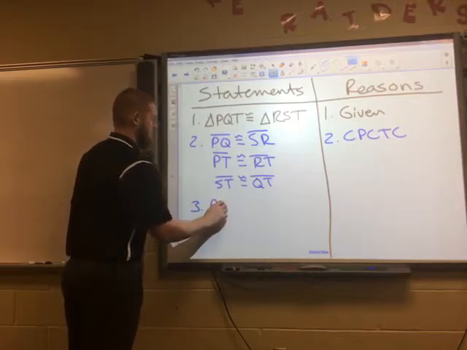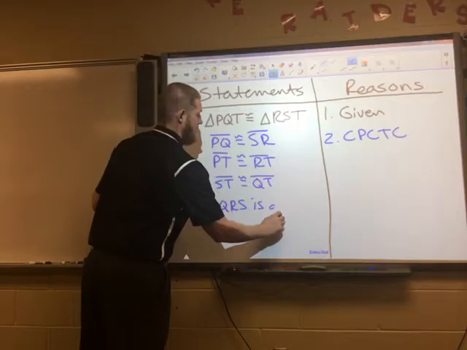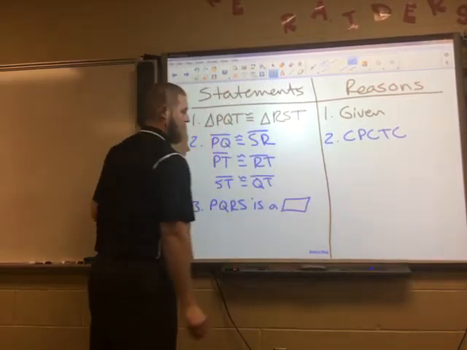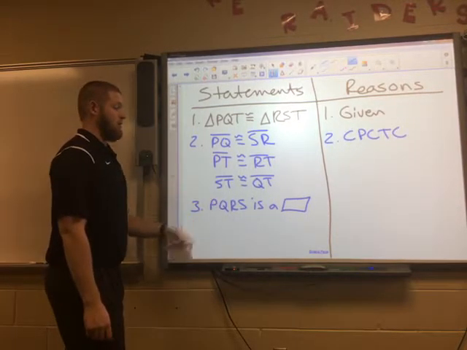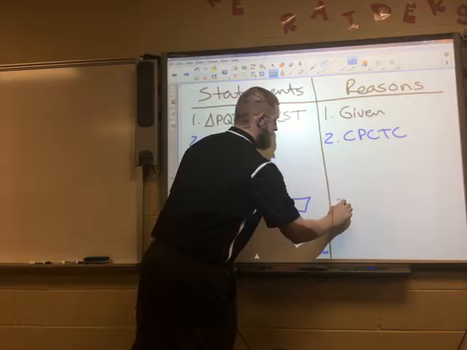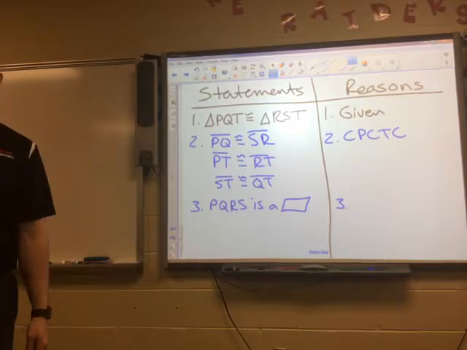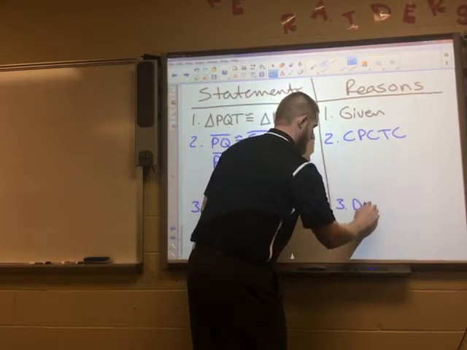It can say that PQRS is a, and they're going to start using this symbol on you, so you can start using it as well, that stands for parallelogram. So PQRS is a parallelogram. Why? Diagonals bisect converse. Good.